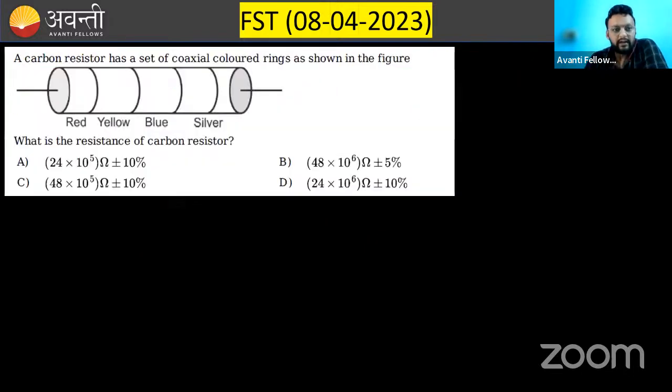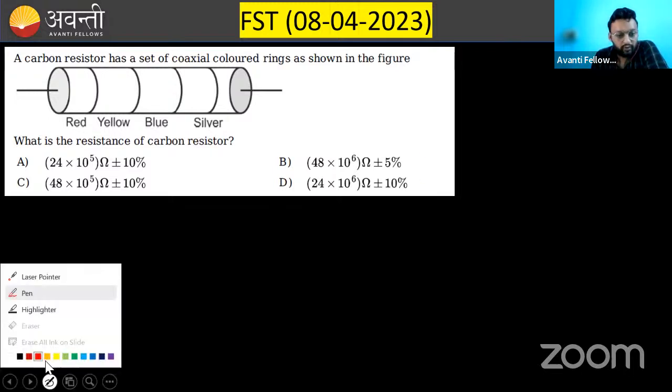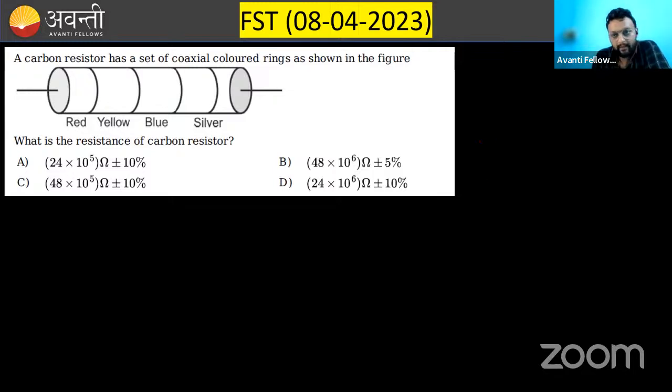You can solve it. Easy question. Now in this question, this is a color coding of carbon resistors. Do you know what is the color coding of carbon resistor? There are few strips here. This is the first strip, second strip, third strip, and fourth strip.